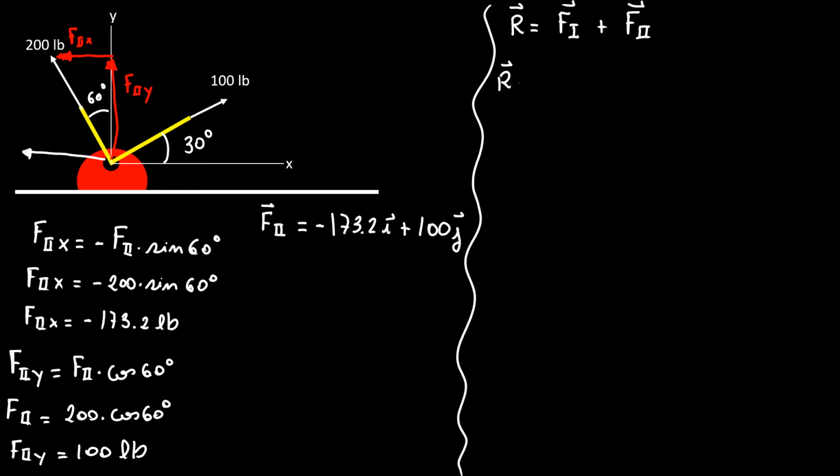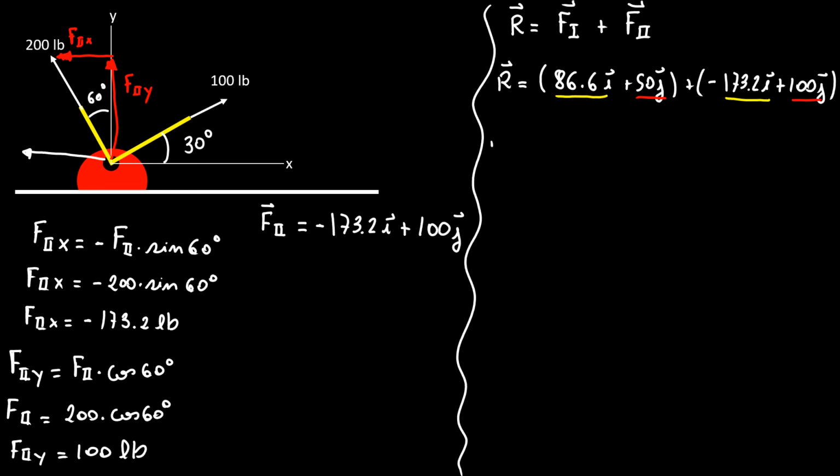Our resultant force will be F1, which is 86.6 i plus 50 j, plus minus 173.2 i plus 100 j. Don't forget that now we're gonna add i with i and then j with j.